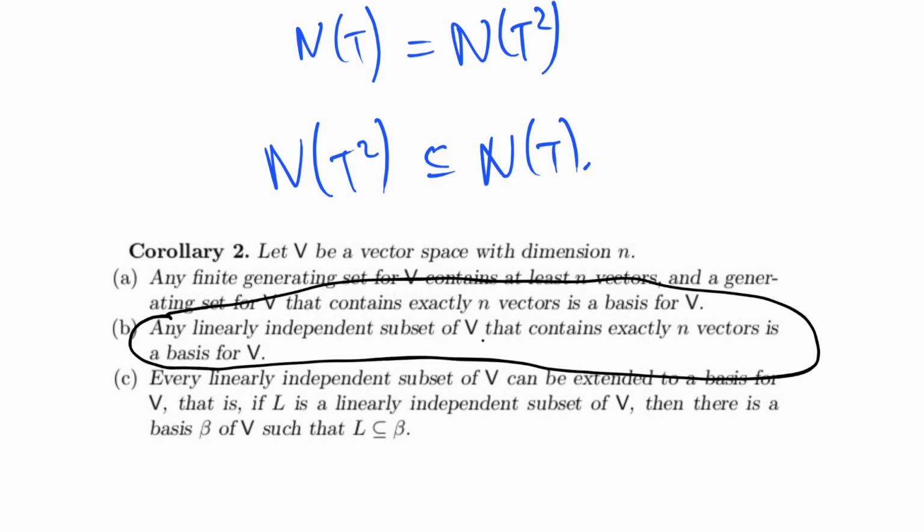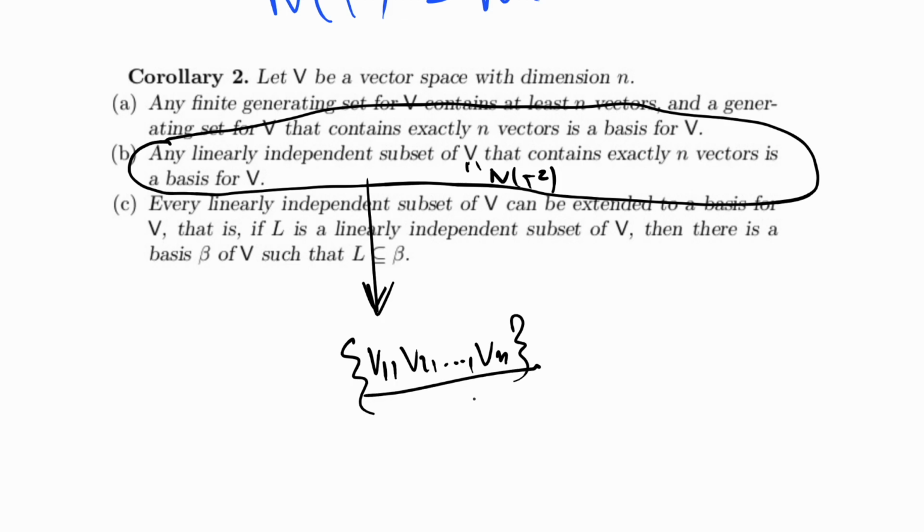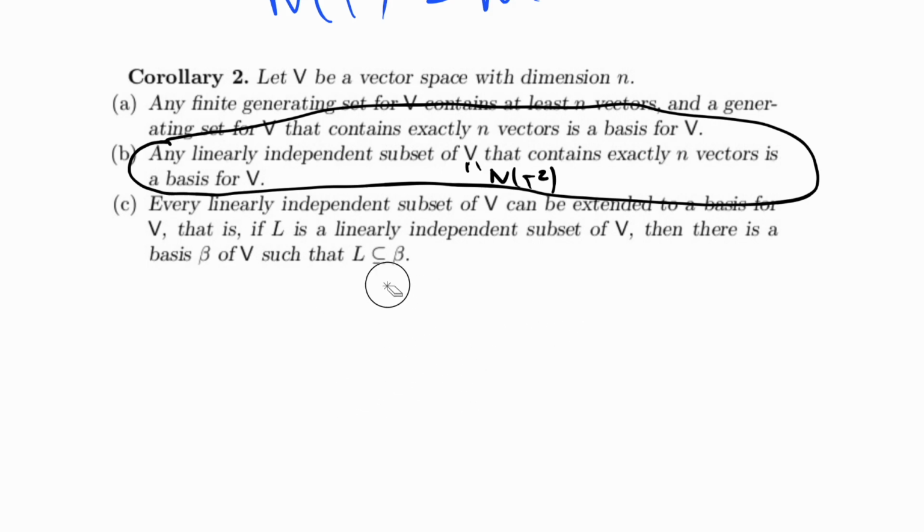So in this case our V is just N(T²), and the linearly independent subset in question is v1, v2, all the way to vn. This set is a linearly independent subset of N(T²) and it contains exactly n vectors, and the dimension of N(T²) is n, which means any basis for N(T²) will have n vectors. So this set is a basis for N(T²), and of course this set is also a basis for N(T), which means that N(T²) is equal to N(T).